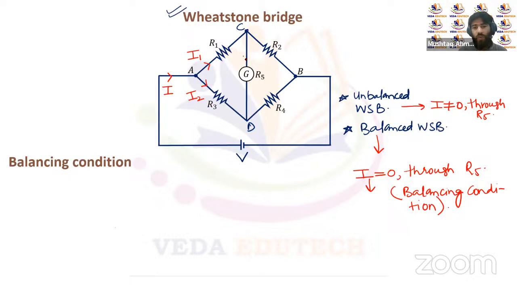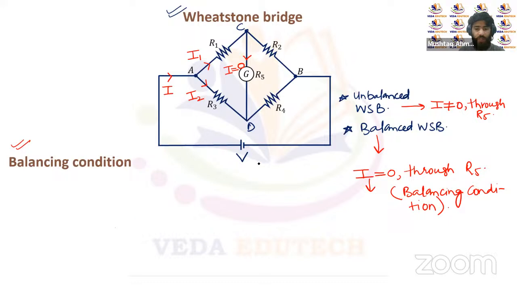There is no current flowing through R5. We have to find the condition for which the current through R5 is equal to 0, and that condition we call the balancing condition of a Wheatstone bridge, right? So this is the battery B.